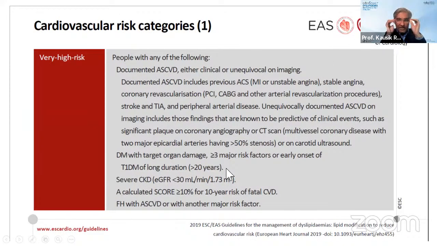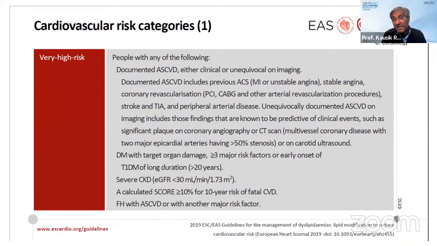Now, with diabetes, you need either evidence of end organ damage or 3 major additional risk factors, or a very long duration of diabetes. Now, you could also get there with an isolated risk factor involving the kidneys, but the level of renal dysfunction you're going to need is quite marked. So an eGFR less than 30.